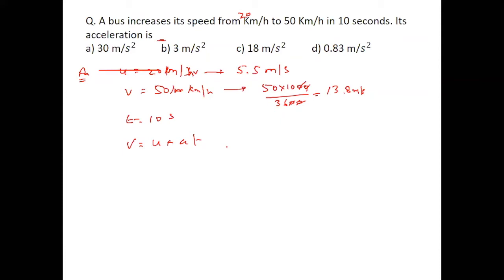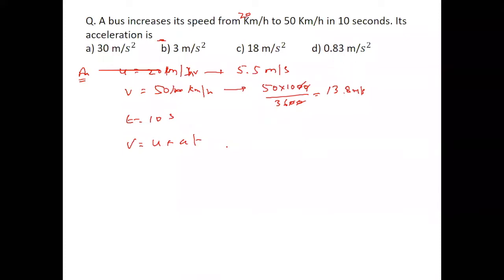What is D? 3. No, 3, no. 0.83 meter per second square.